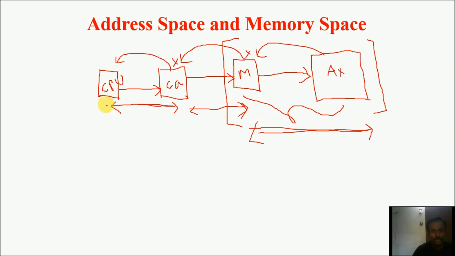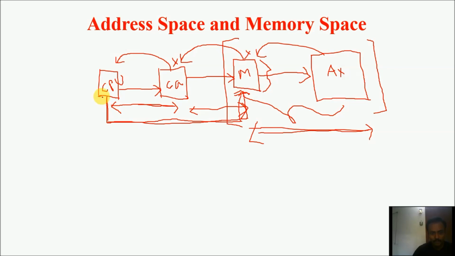If your computer does not support the virtual memory concept, then the number of addresses that your CPU can generate will be the total number of addresses in the main memory. So your CPU can never generate an address larger than the size of the main memory. This is the concept if your computer does not support virtual memory.